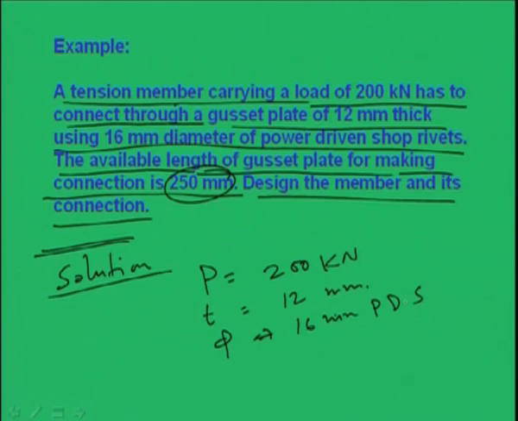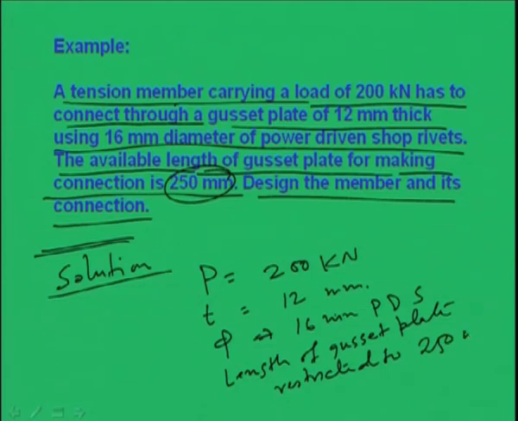The diameter of rivets which will be used for the connection is 16 mm power driven shop rivets, and the length of gusset plate is restricted to 250 millimeter. So, these are the things which have been given.